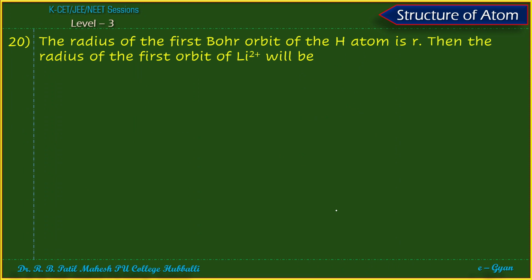Question number 20. The radius of the first Bohr orbit of hydrogen atom is R. Then the radius of the first Bohr orbit of lithium plus 2 will be. Four options are given. We have the formula for the radius of Bohr's nth orbit: Rn is equal to 52.9 n square divided by Z picometers.